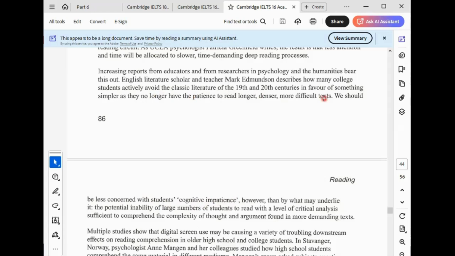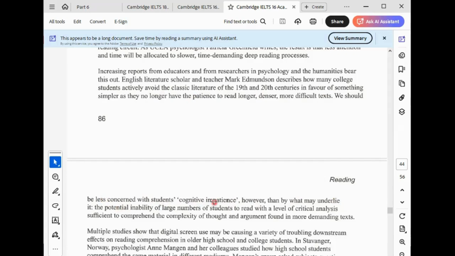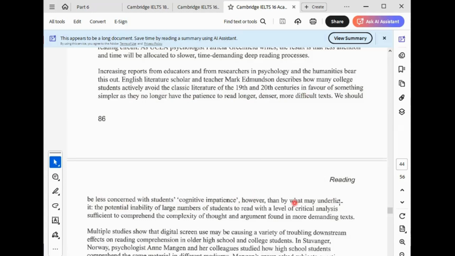That's what they are calling cognitive impatience. In other words, don't just focus on the cognitive impatience of these students. Don't just focus on the fact that they no longer have the patience to read long materials. Rather, you should spend more time looking at what is underlying that cognitive impatience.